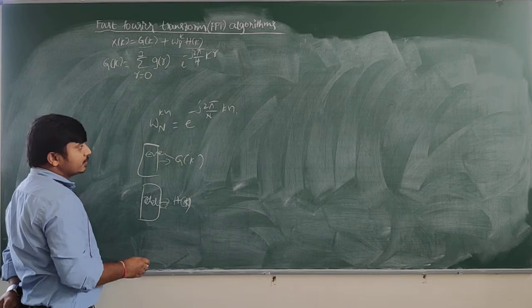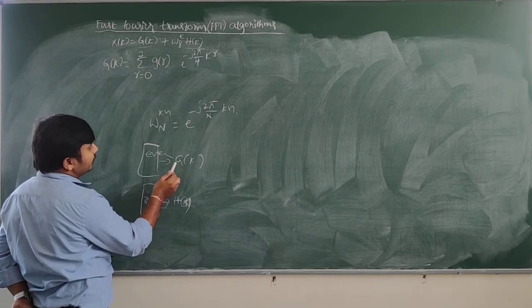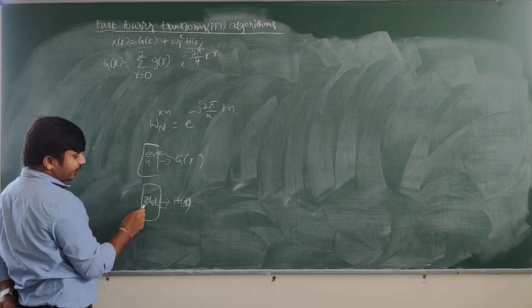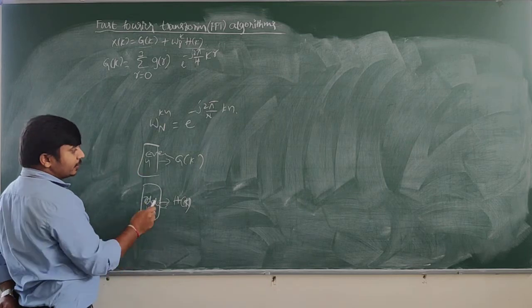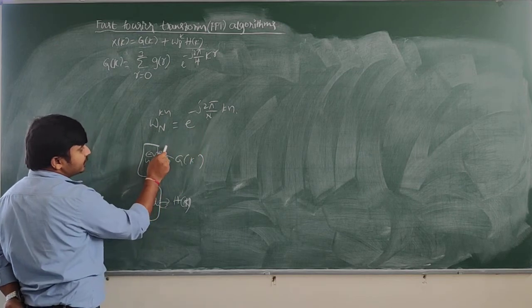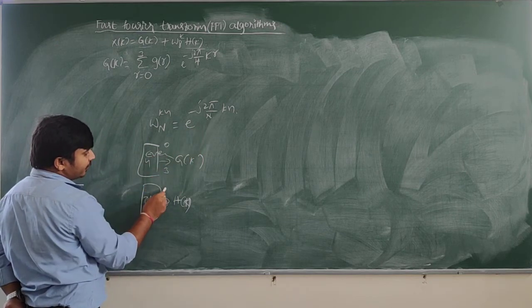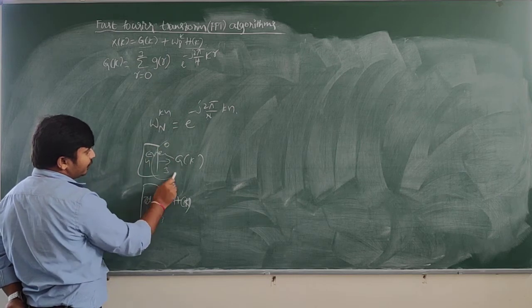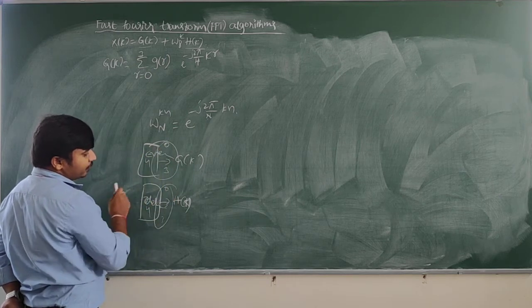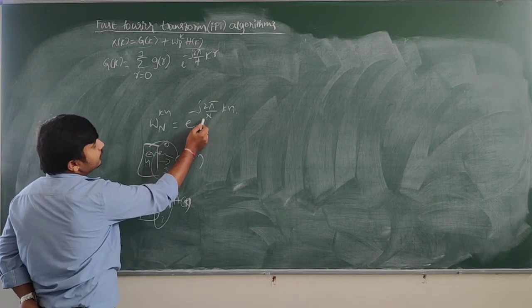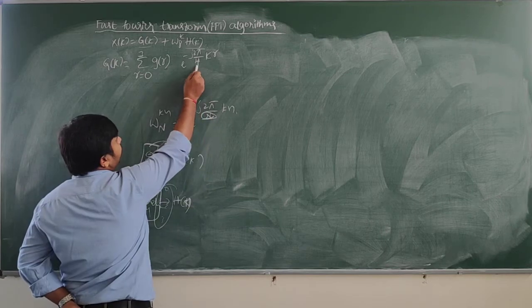So this is not an 8-point DFT, this is a 4-point DFT, and this is also a 4-point DFT. Therefore this value of n becomes 4 because it varies from 0 to 3. This consists of 4 samples and this consists of 4 samples, therefore it is a 4-point DFT.